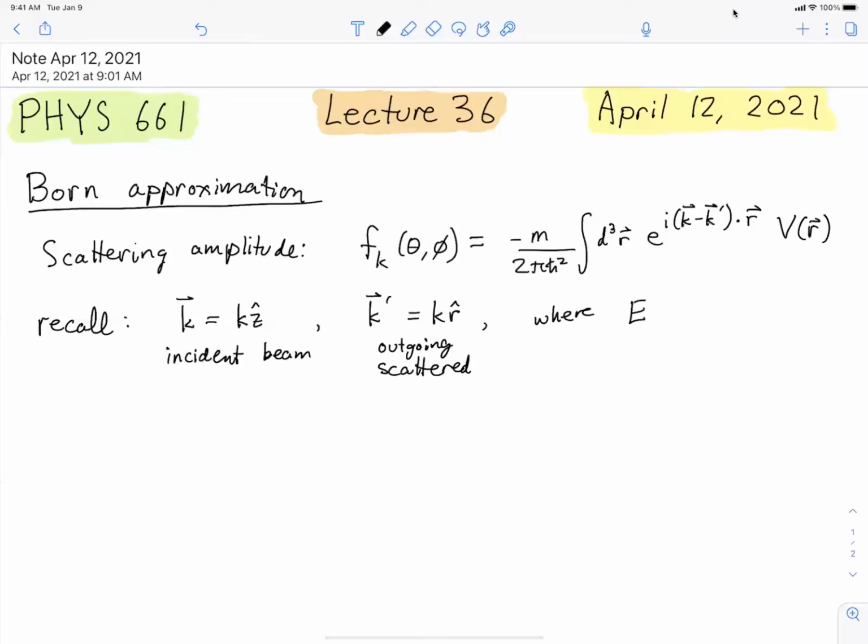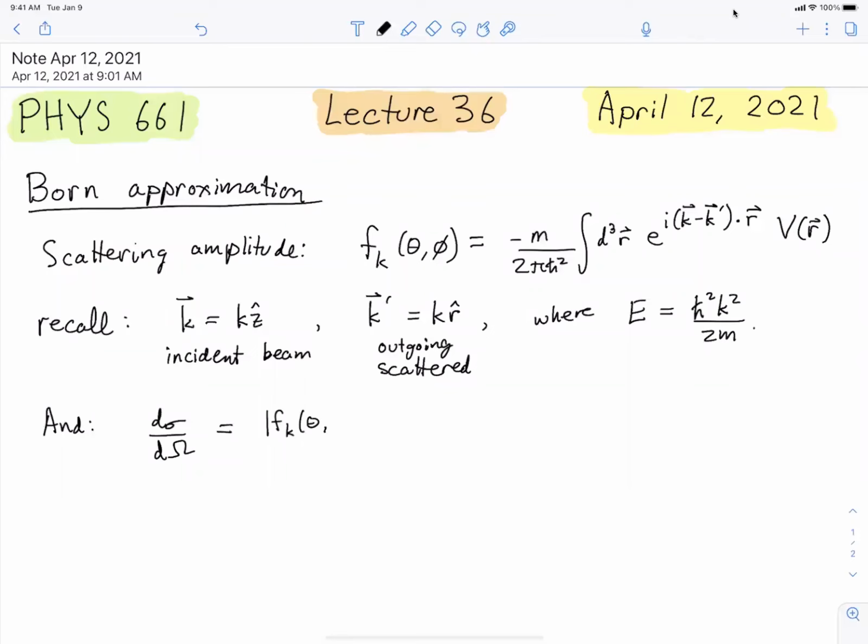So the energy of these before and after scattering is h bar squared k squared over 2m. And then what we're going to do with this is we're going to square it, because squaring it gives us the differential cross-section, which is something we can measure.